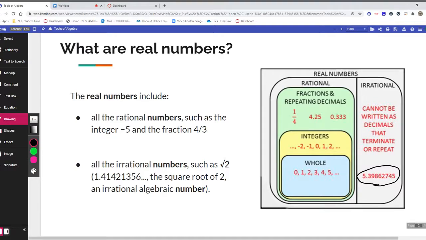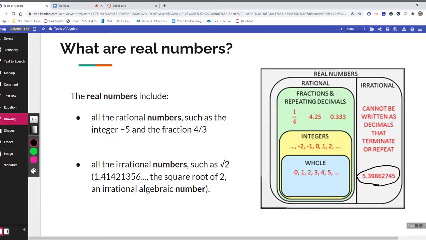Integers are positive and negative whole numbers. But the one thing about integers is there is no integer between 1 and 2. There's no integer between -1 and -2. Integers are only positive and negative whole numbers. Anything in between there, the decimals and the fractions, would not be an integer.